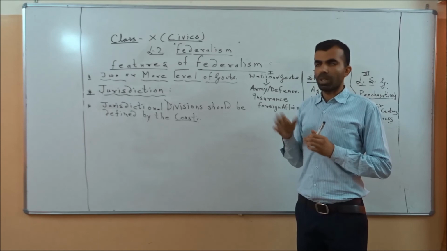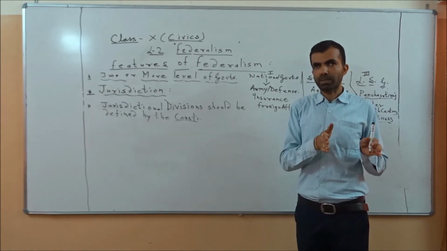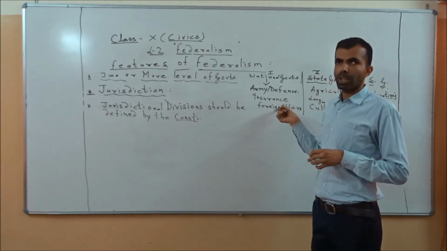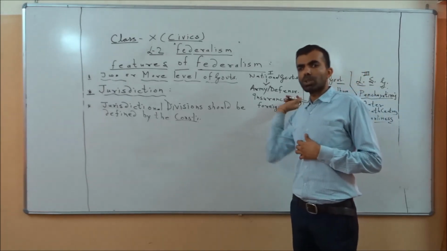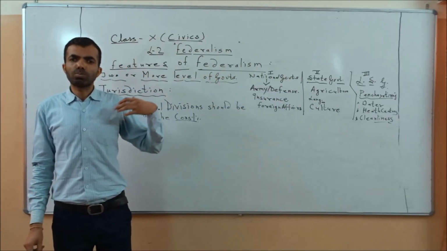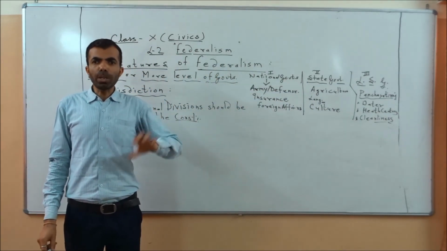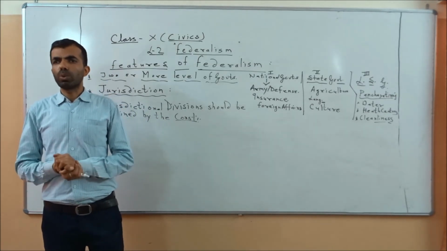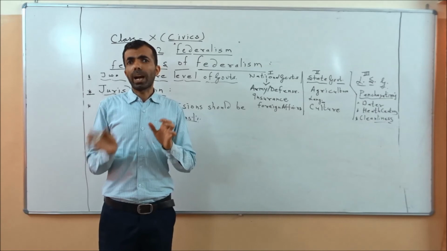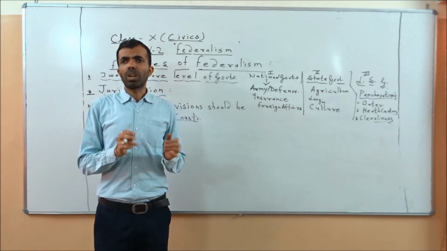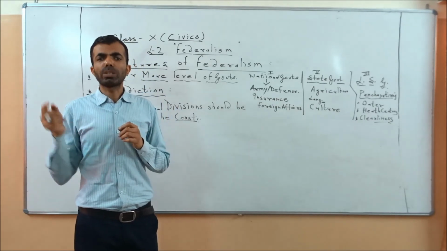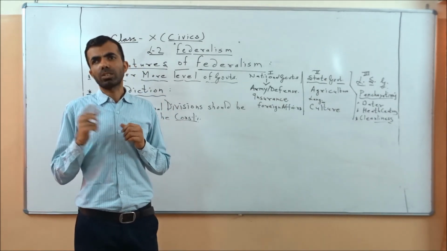Okay, so as I told you that there could be a list in the Constitution itself related with the national issues. Likewise, there could be another list which is mentioning the state issues, and likewise there could be a list which is referring the common issues between the central government and the regional governments. This way would be helping out in reducing the conflicts between center as well as the states.